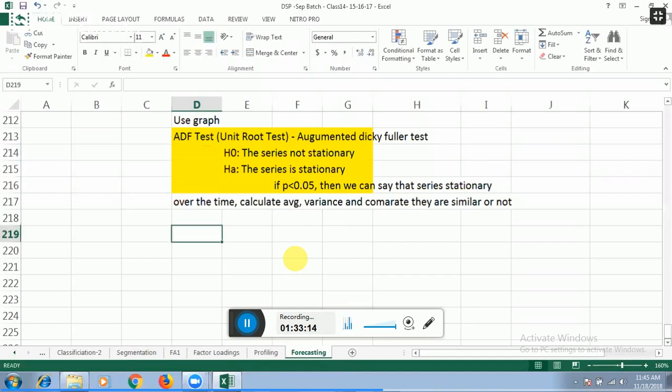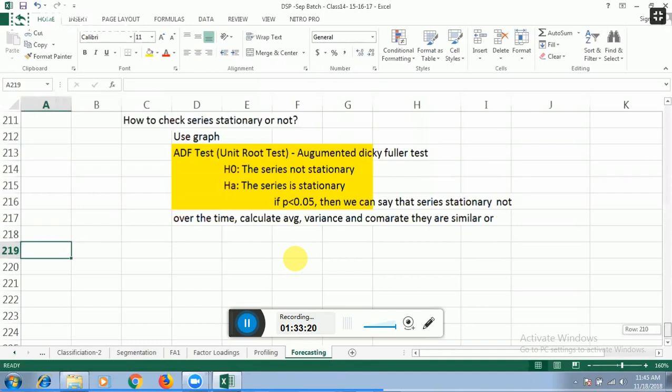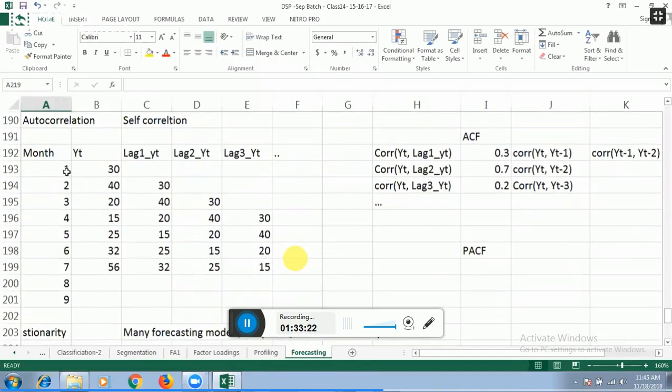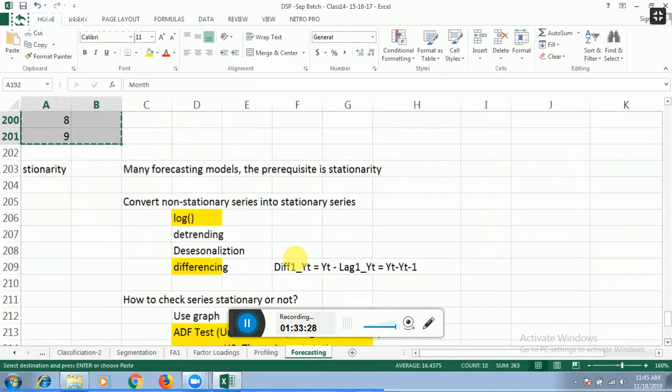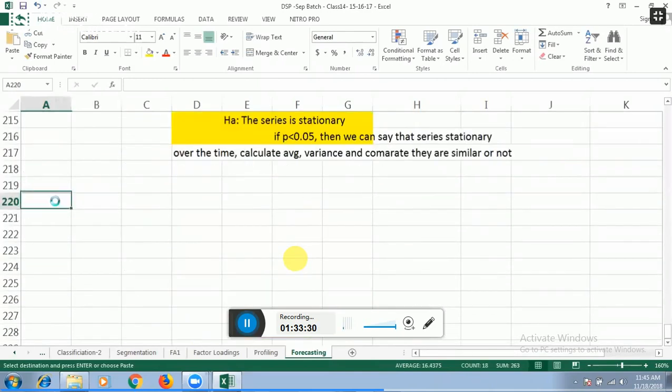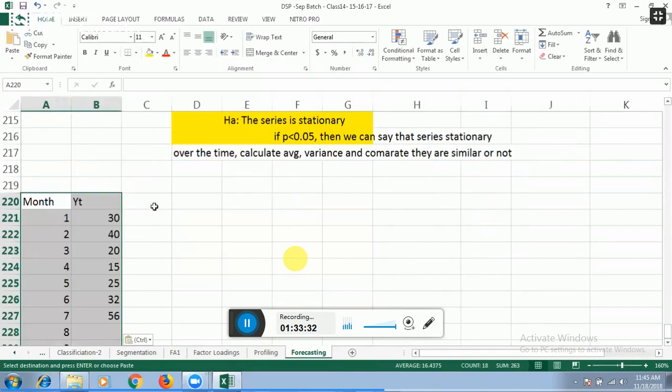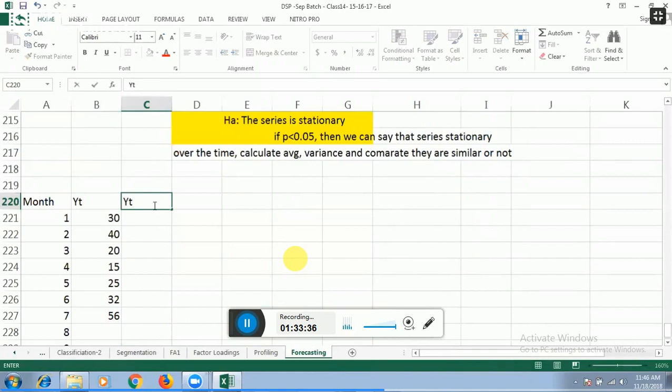Okay, so now, assuming that I have some kind of data, and I forecast.